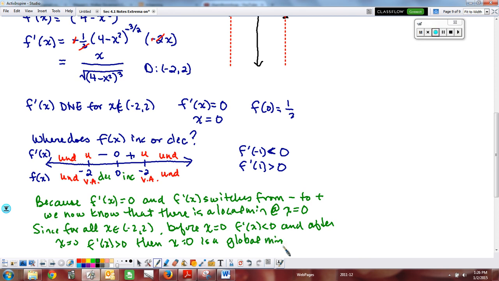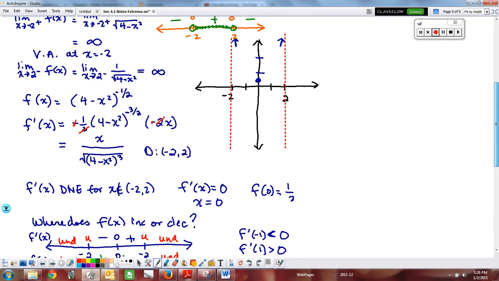So not only does the derivative switch, we know that for the entire domain, from where you start, the derivative is negative before 0, which means f of x is decreasing, and then after 0 for the rest of the domain, the derivative is positive, which means f of x is now increasing. That has to be the only location where you have the lowest value.